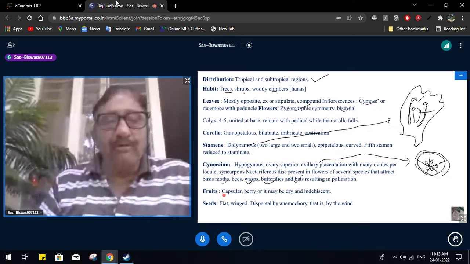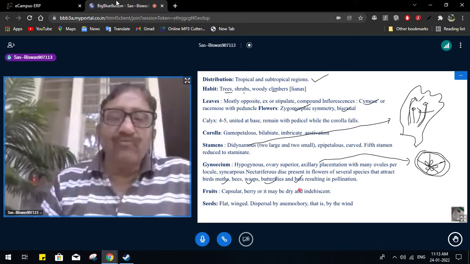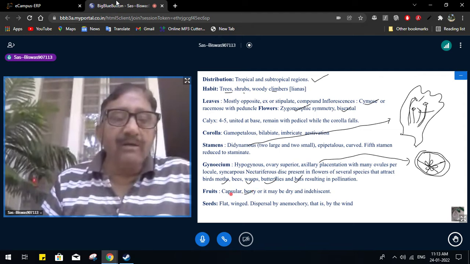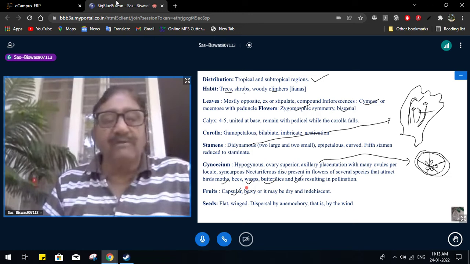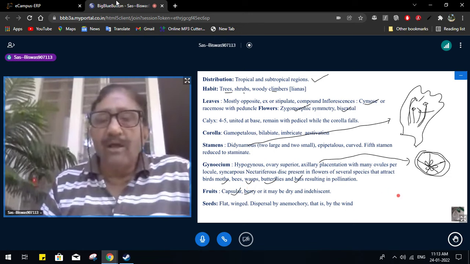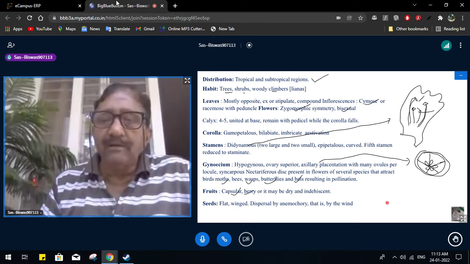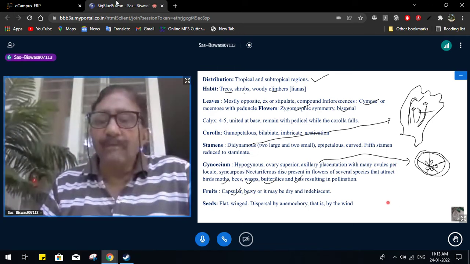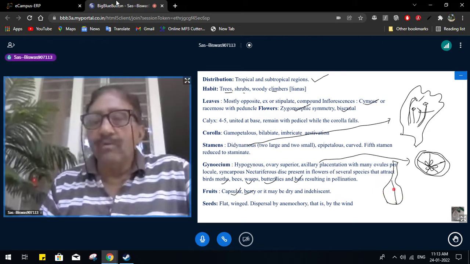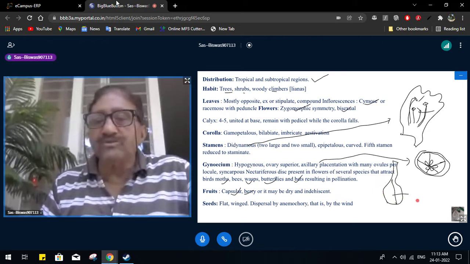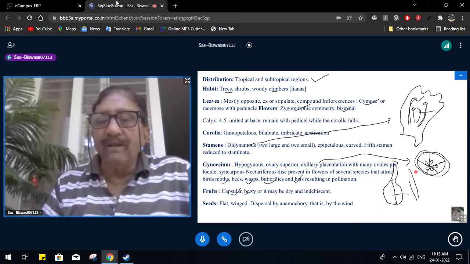And the fruit: capsule, berry or indehiscent. So what we find, the fruit may be a berry or capsular, the one which is mistaken for the follicular. What happens here, it is axial presentation that you see here. So when it becomes a matured fruit, this looks like this, the capsule, like bhindi.